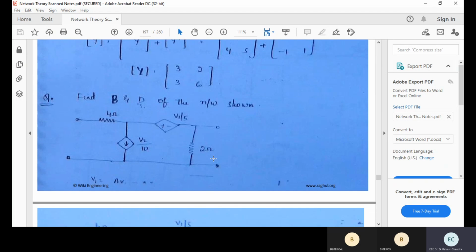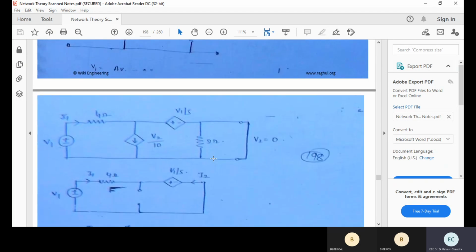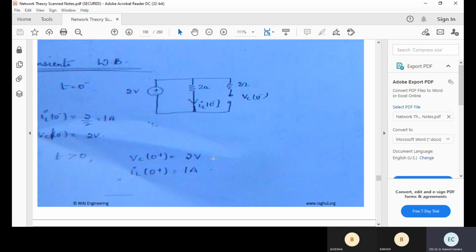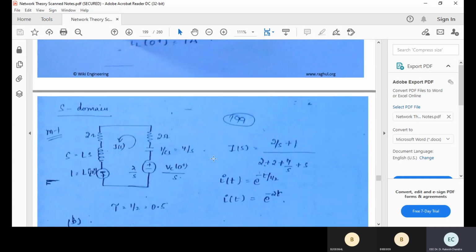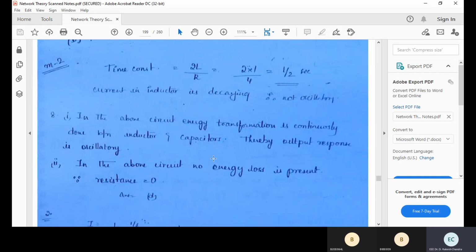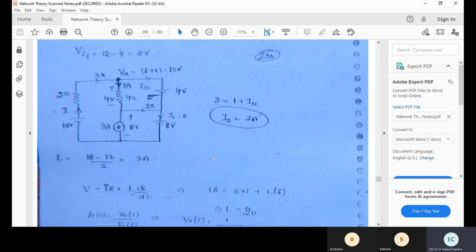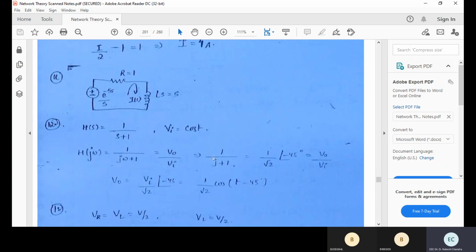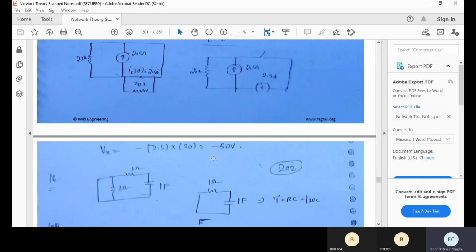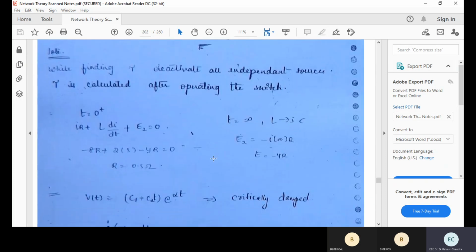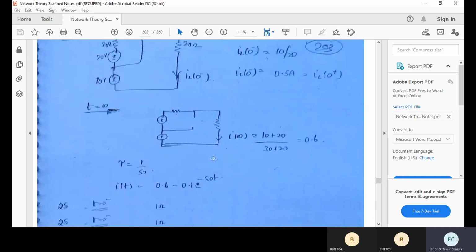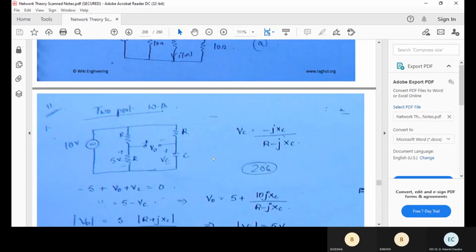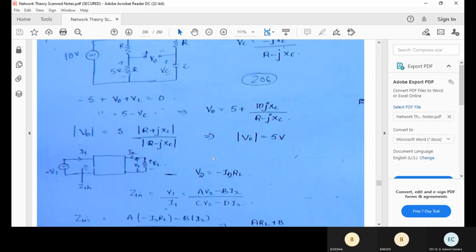They will give problems like this based upon Z parameters, Y parameters, H parameters, and G parameters. We will solve. Of course here the transients problems are also mixed, but these are pure 2-port network problems.